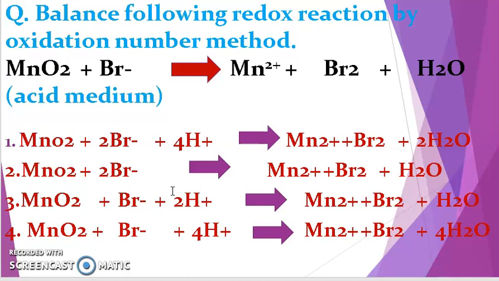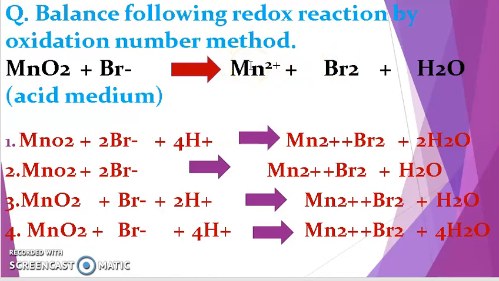Okay, so what is the oxidation number method? What are the steps we have to follow for the oxidation number method? We have to write the first step, that is, the skeleton equation. That means what they have given in the question, that we have to write. Then indicate the oxidation number for each element.